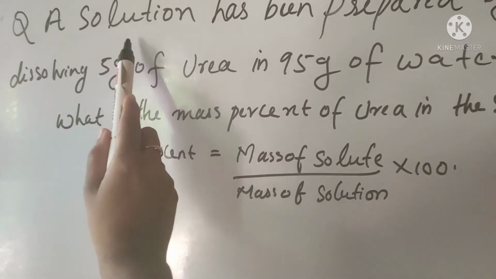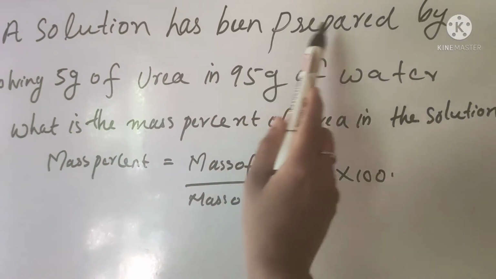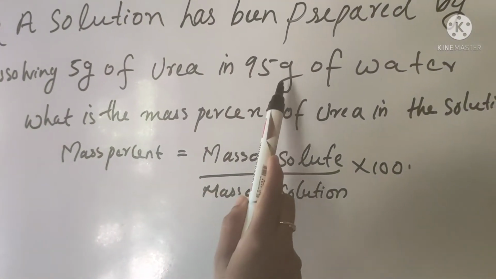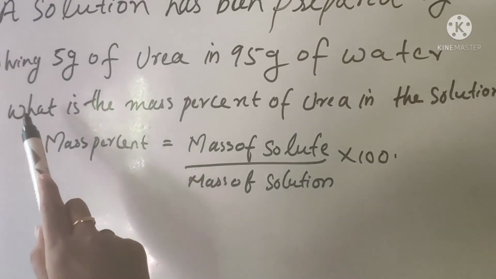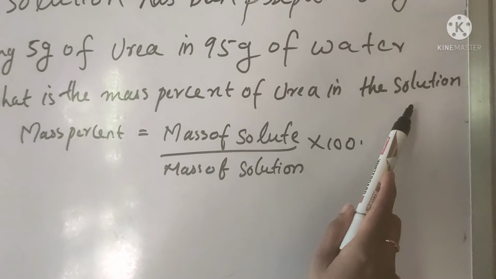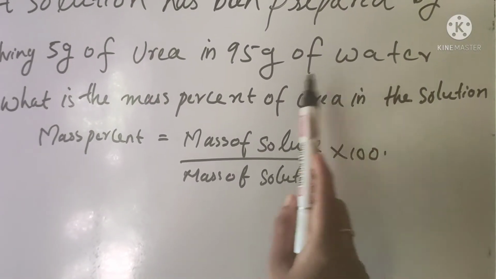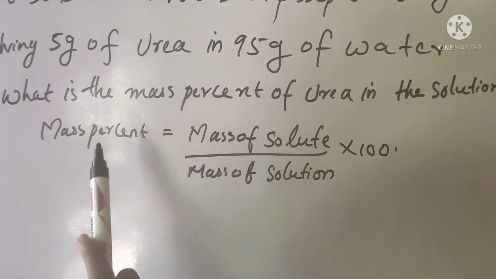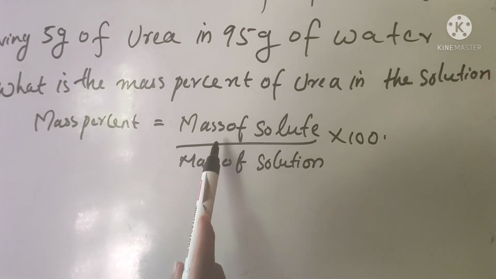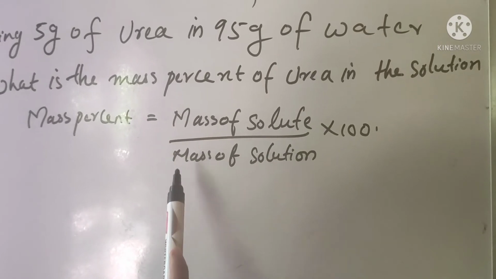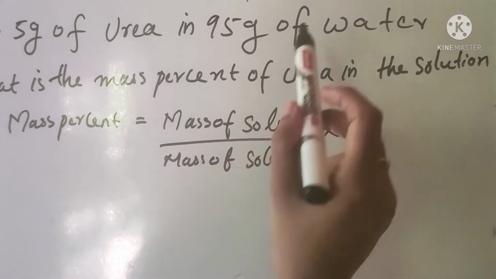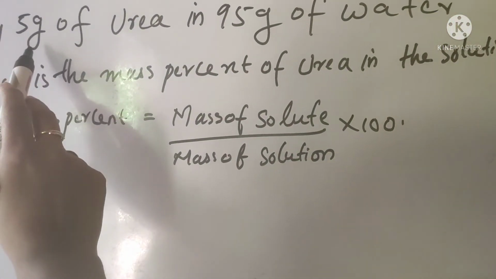Question: a solution has been prepared by dissolving 5 gram of urea in 95 gram of water. What is the mass percent of urea in the solution? We have to calculate mass percent. What is mass percentage? Mass percent equals mass of solute divided by mass of solution into 100. Then mass of urea is given.